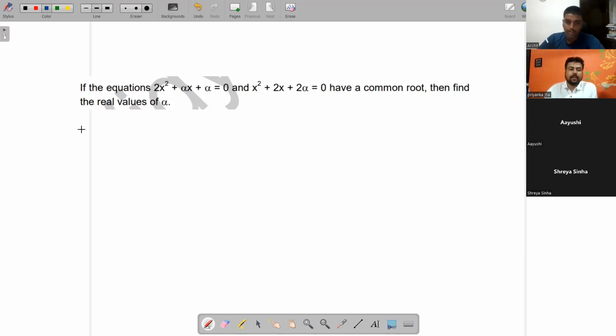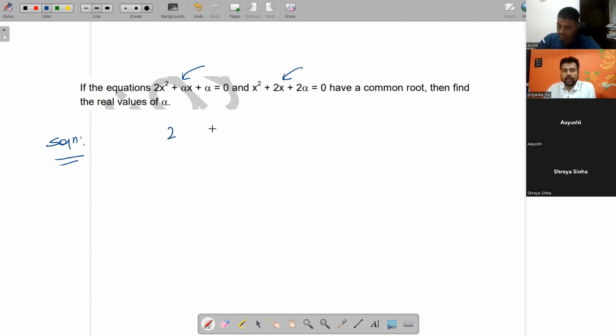See, a quadratic has come, just find the roots. Okay. See, if this equation and this have a common root, we'll apply the same concept, then find the real values of r. Now, in this case, both the equations have variable coefficients, so we cannot find roots of any of the equations. So we have to apply that concept.